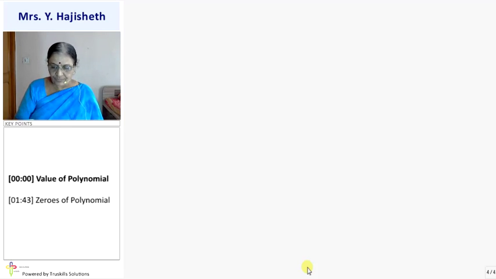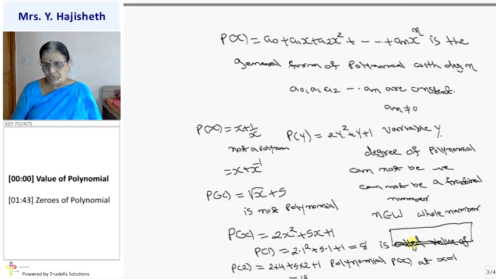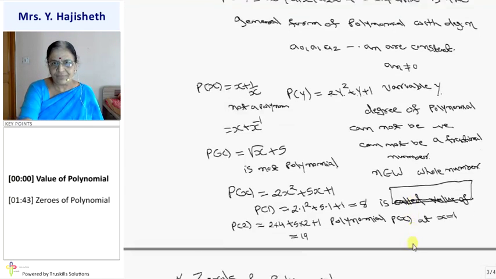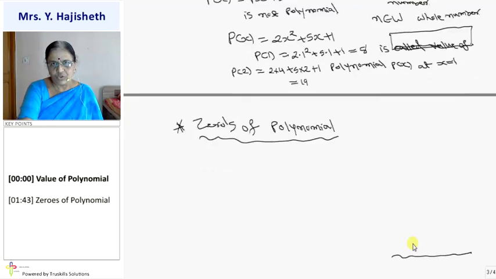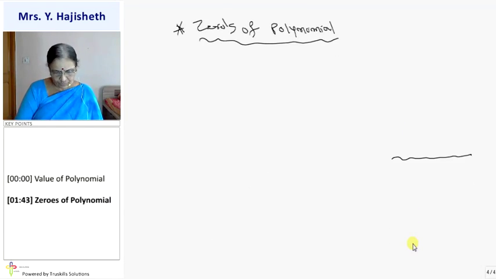Now, what are zeros of polynomial? Values of polynomial we have done, and now we are doing zeros of polynomial, okay? What do you mean by zeros of polynomial? Suppose you are given any polynomial.